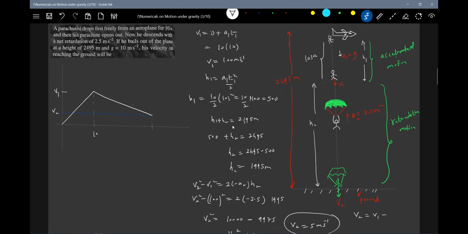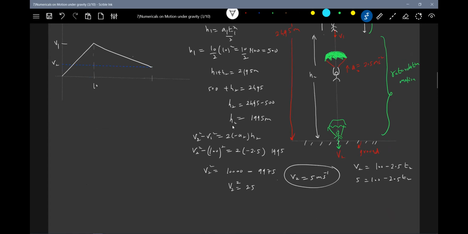V2 equals V1 minus 2.5 into T2. V1 is 100, V2 we know is 5, so 5 equals 100 minus 2.5 T2. So we'll get the time taken for the person with the parachute open.